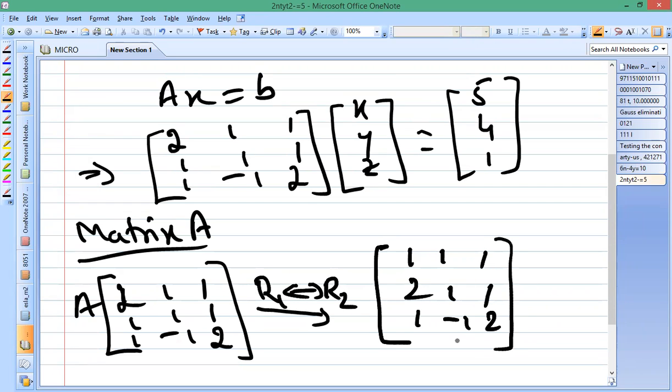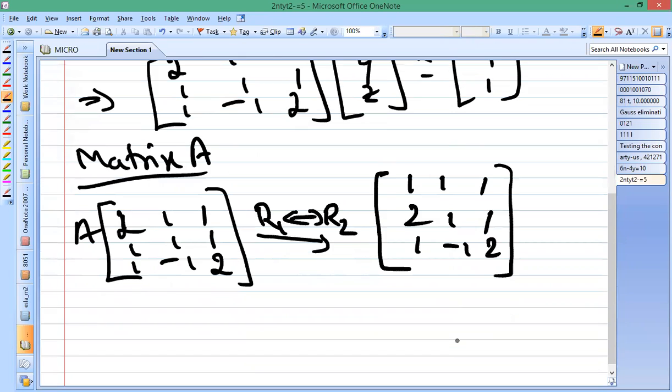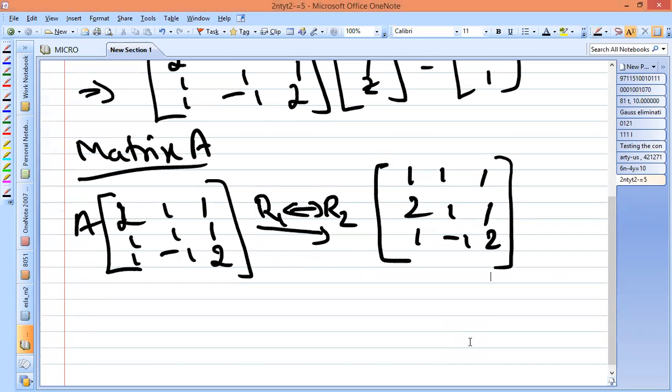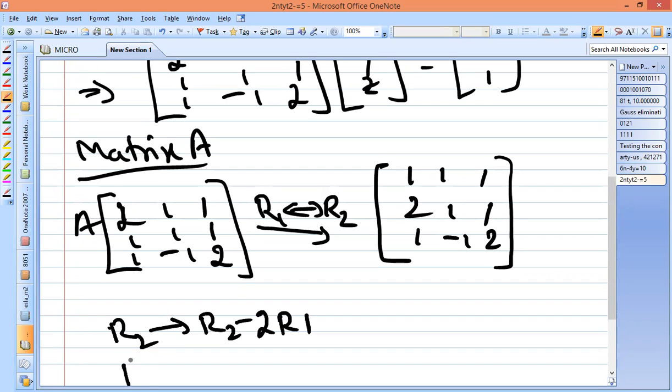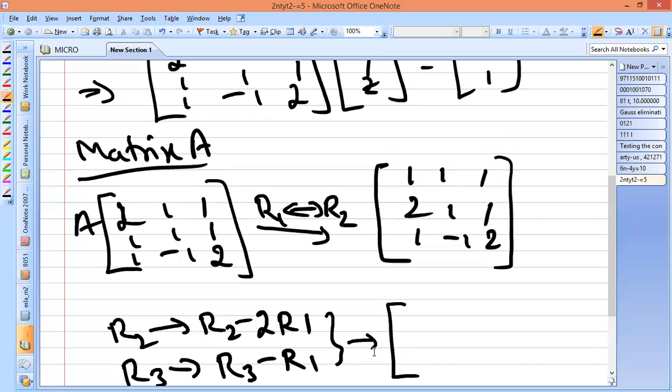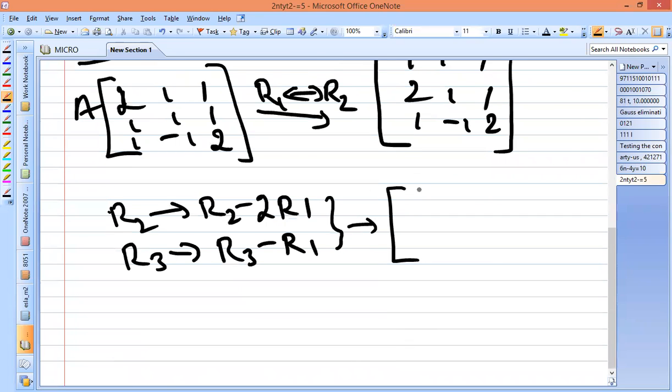Right? And now you can perform the operation. What can we do now? R2 is performed with R2 minus 2 times R1, and R3 is performed with R3 minus R1. Yes, with this, what do you get? First row elements will remain the same.